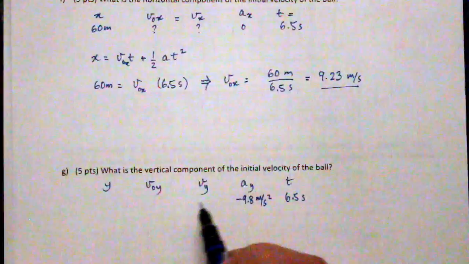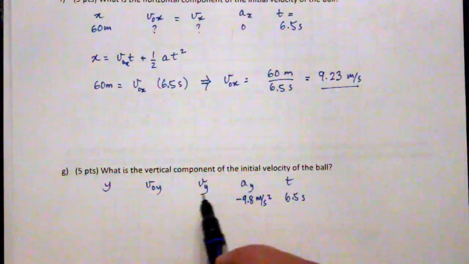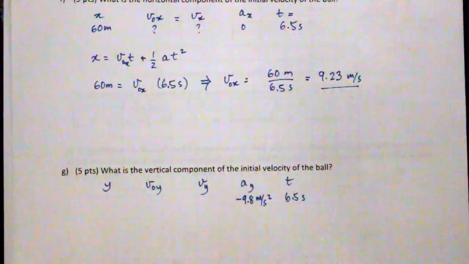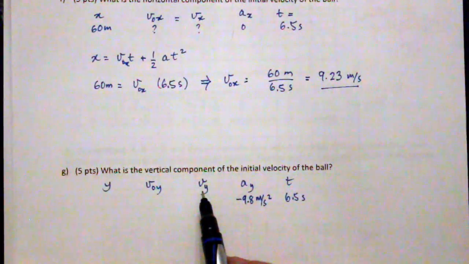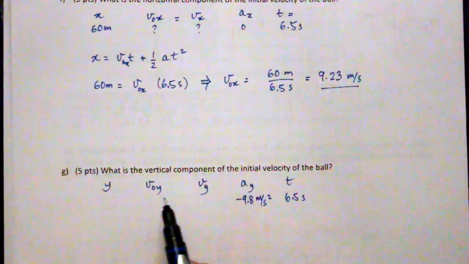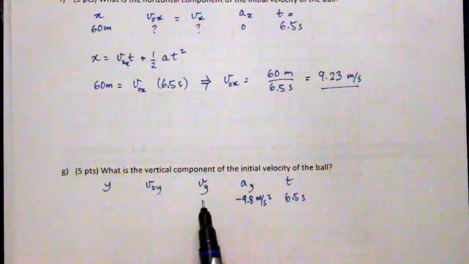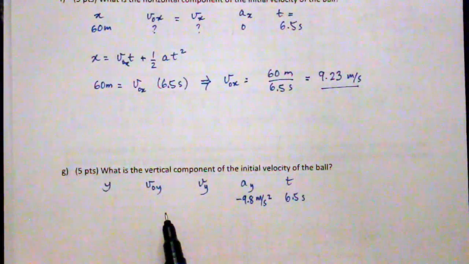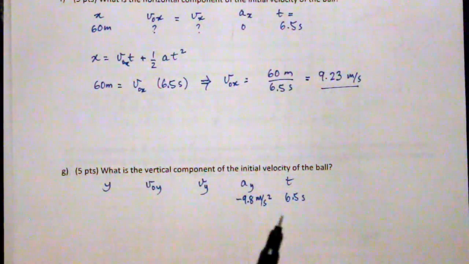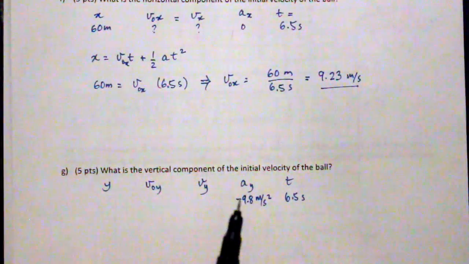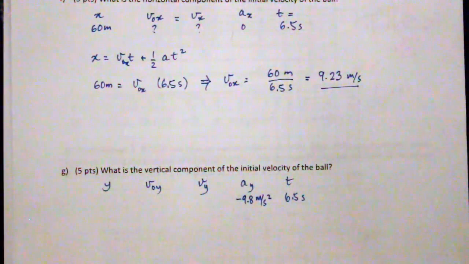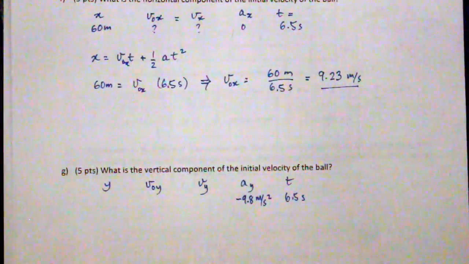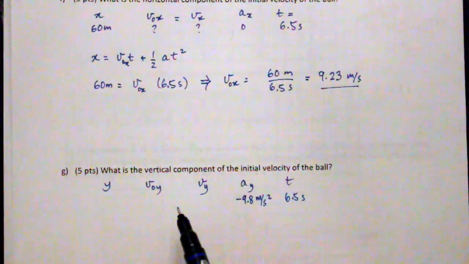V naught y and Vy we don't know. We know they're going to be opposite of each other in terms of sign, but we don't know what they're going to be. I know that because in all the problems that we solved, when you go from one height, you go all the way and you come back to the same height. It's the same velocity in y, but in opposite direction.